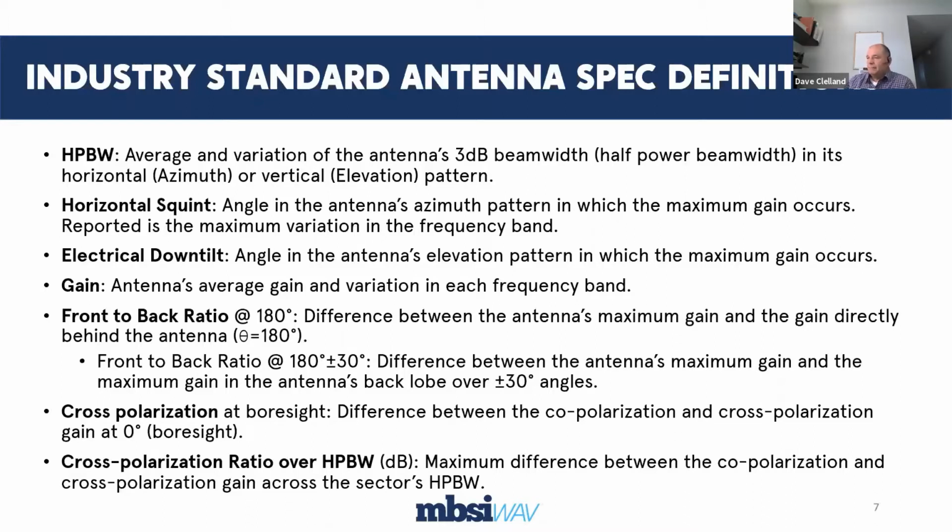Then the manufacturer can change the relationship of the elements just a very slight bit, and they can electrically down tilt that pattern 1, 2, 4 degrees, whatever. Antenna manufacturers have many different antennas with different electrical down tilt specifications, 4 being the most common. 0 and 4 are the most common.